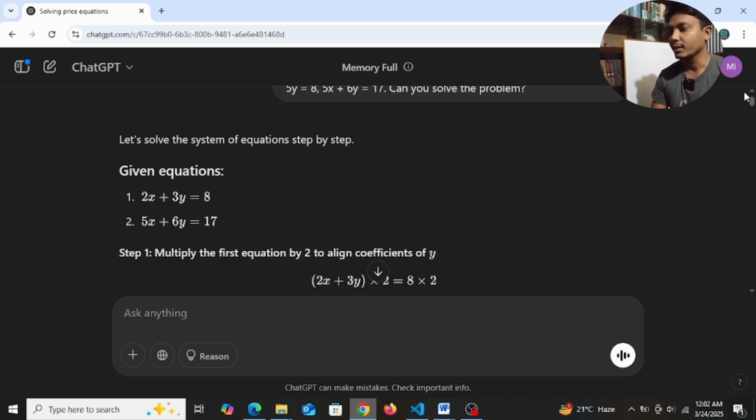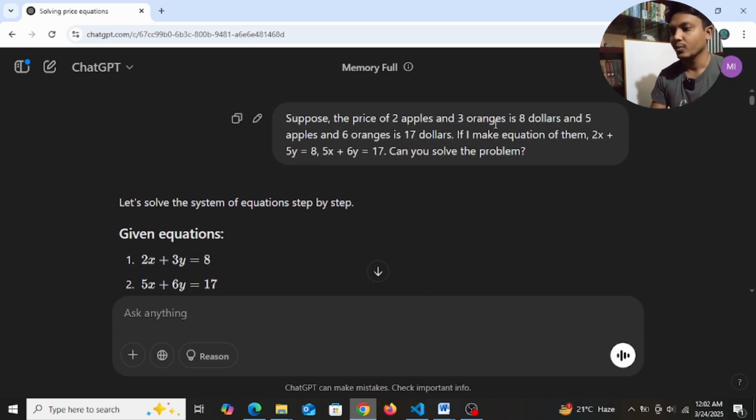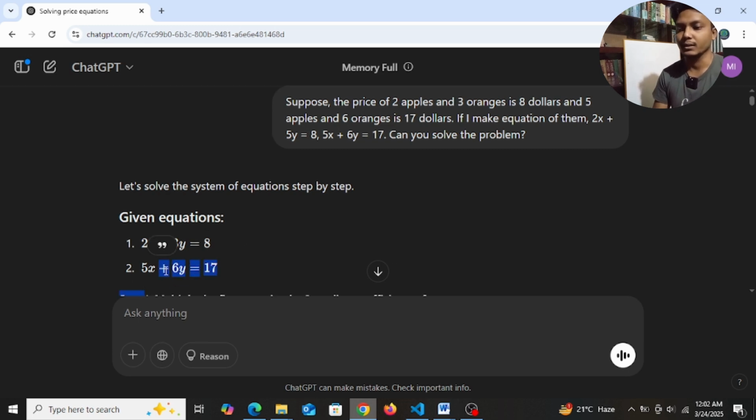Let's say in this case, we are getting 2 apples and 3 oranges for $8 from, let's say, one store. 2 apples and 3 oranges for $8, and you went to another store and got 5 apples and 6 oranges for $17. Okay, so now we are trying to find the price for apples and oranges. You understand? So what is the condition?